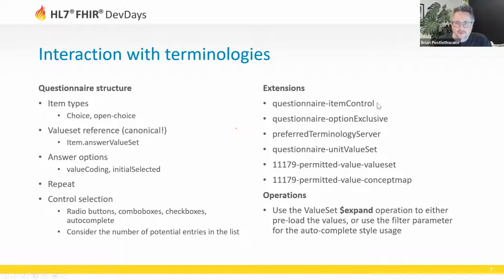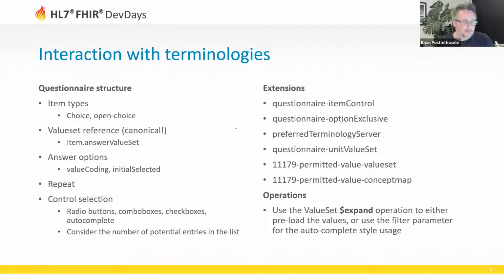And so the item control extension is for the control selection. We've got an option exclusive to tell us, if we've got a multi-select option and they select this particular item, don't allow any others. We've got preferred terminology server. That allows us to define, on either an individual question, a group, or the entire form, that it needs to talk to this specific terminology service, because it might have a specific set of terminologies in it.